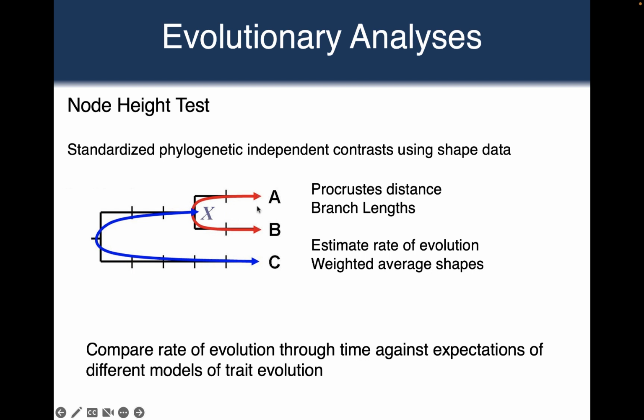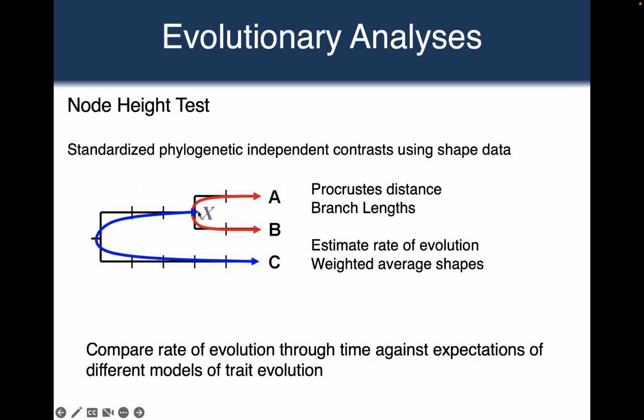Instead of just differences in trait values, we calculated across these different distances to estimate how different each shape was. We had branch lengths from our phylogeny, and we were able to calculate weighted shape averages for each node going back in time. Using this approach, we were able to estimate the rate of shape evolution for toepad shape.